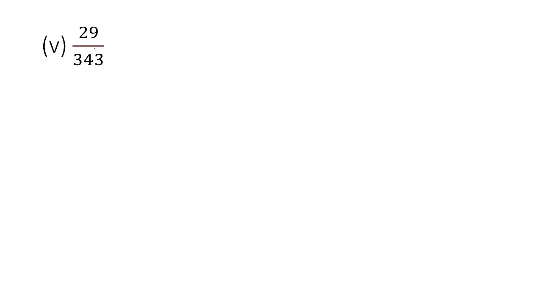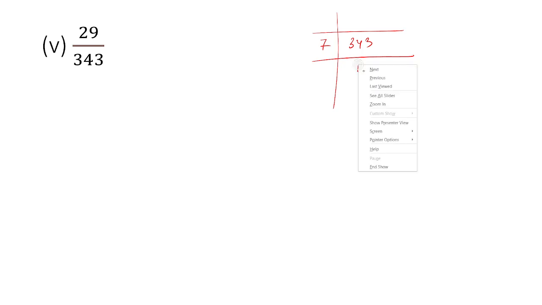Now let's see, first 29 and 343, these are going to be co-primes because 29 is a prime number. The only common factor between 29 and 343 is 1. So 343, in fact, it is going to be with 7. 7 times 49, okay?